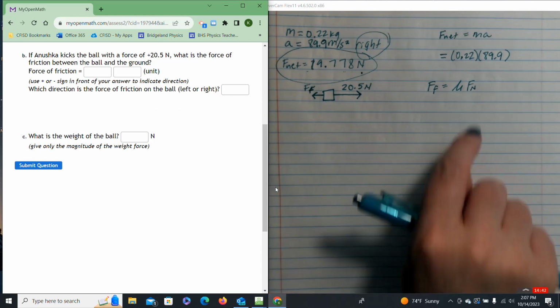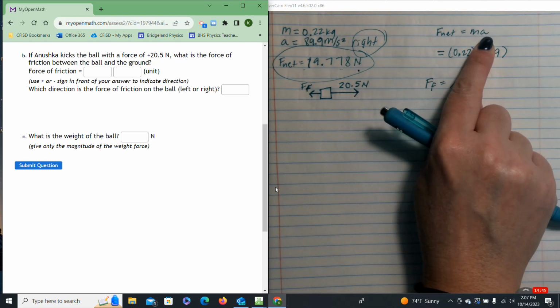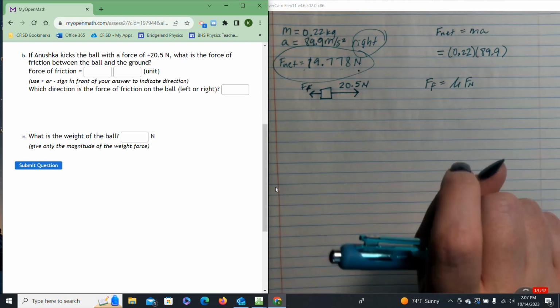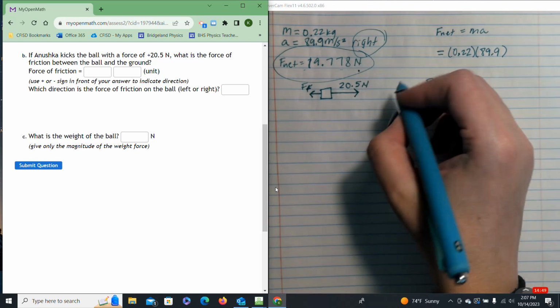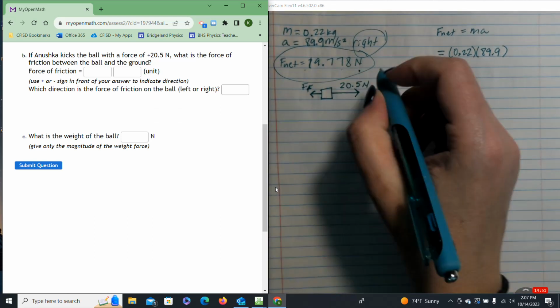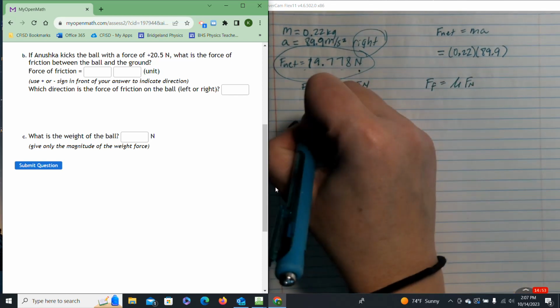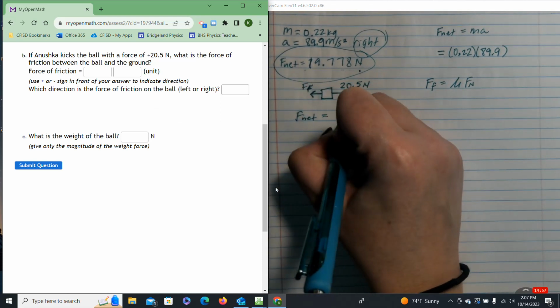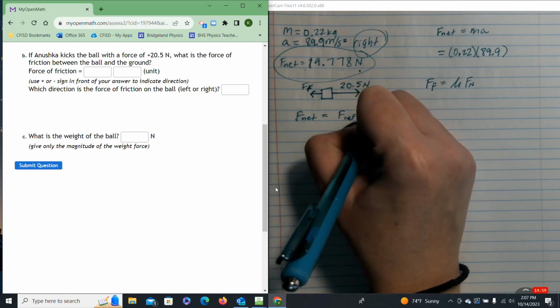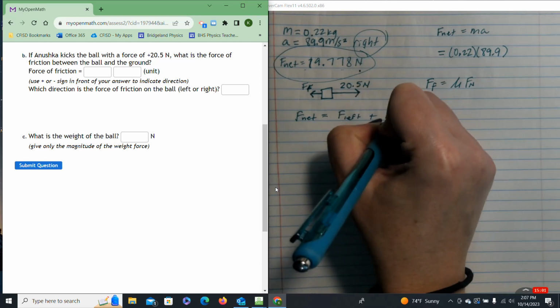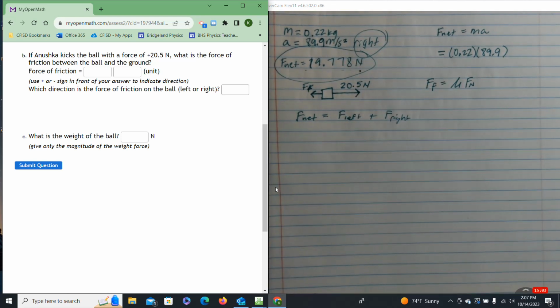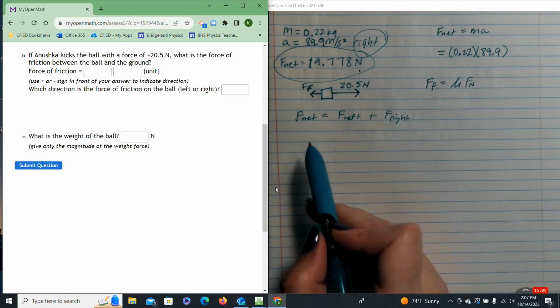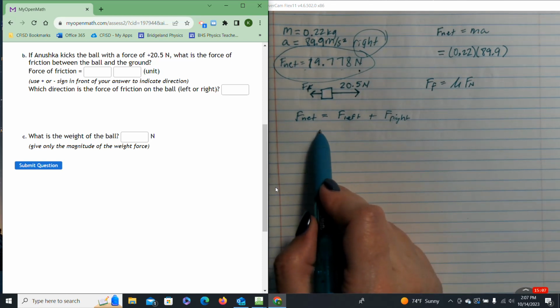Because net force isn't just equal to ma. Net force is also the sum of your forces. Again, that means that my net force, and here I'm dealing with the x direction, so my net force, F net, is equal to my forces that are going to the left plus my forces that are going to the right. It's the sum of my forces. Again, we do this separately in the x direction versus the y direction.